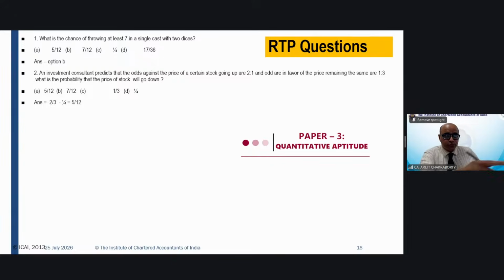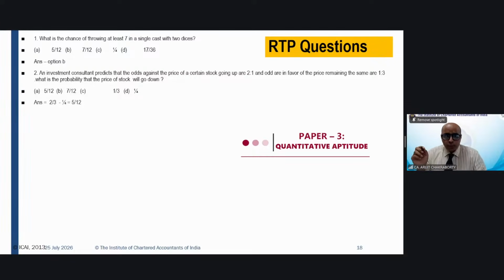It is given by 2 by 3, because the odds against the price of a certain stock going up is 2:1. And the odds in favor of the price remaining the same is 1:3. That means the probability that the price of the stock will remain the same is 1 divided by 1 plus 3, that is 1 by 4. So the probability that the price will not increase is 2/3, because 2:1 means 2 divided by 2 plus 1.